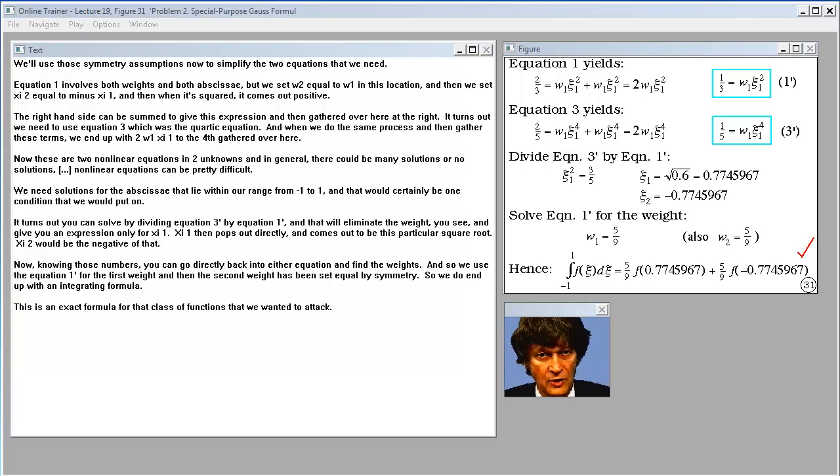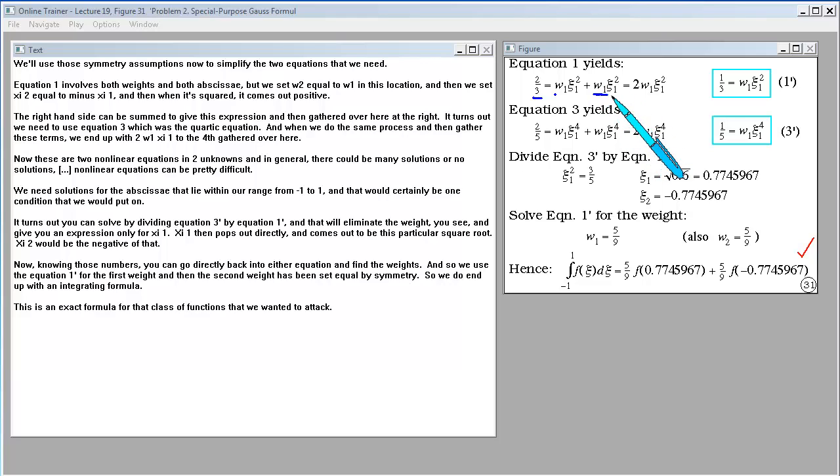We'll use those symmetry assumptions now to simplify the 2 equations that we need. Equation 1 involves both weights and both abscissa, but we set W2 equal to W1 in this location, and then we set C2 equal to minus C1, and then when it's squared it comes out positive.